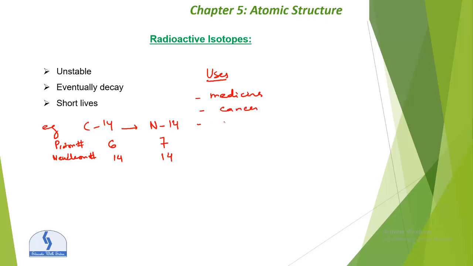In radiotherapy, the treatment of cancer is carried out by the P32 and Sr90 radioisotopes. Cobalt-60 is also used for the treatment of cancer. For diagnosis, the isotope used is iodine-131, which is used for the thyroid gland.